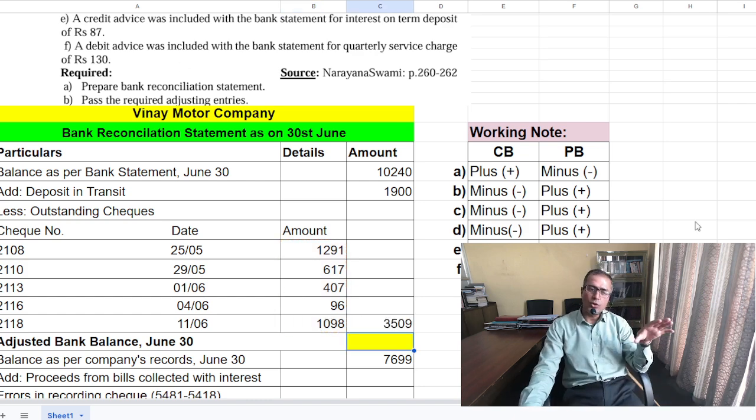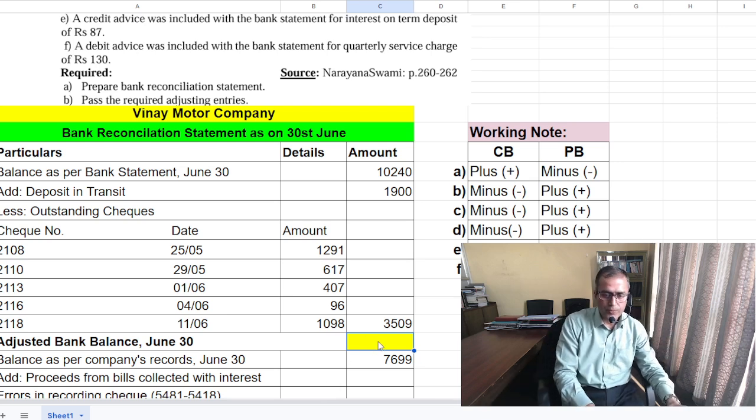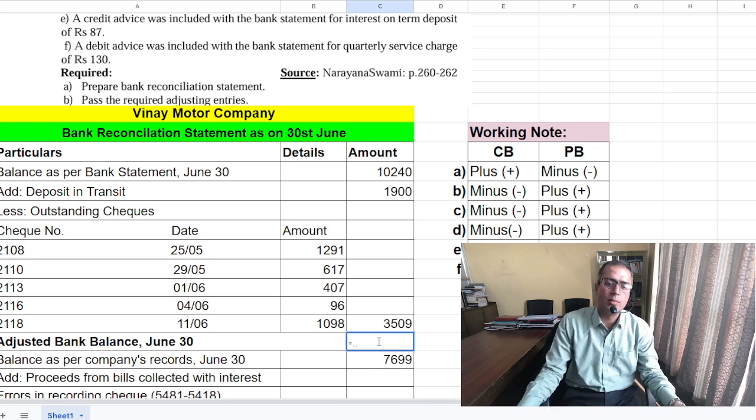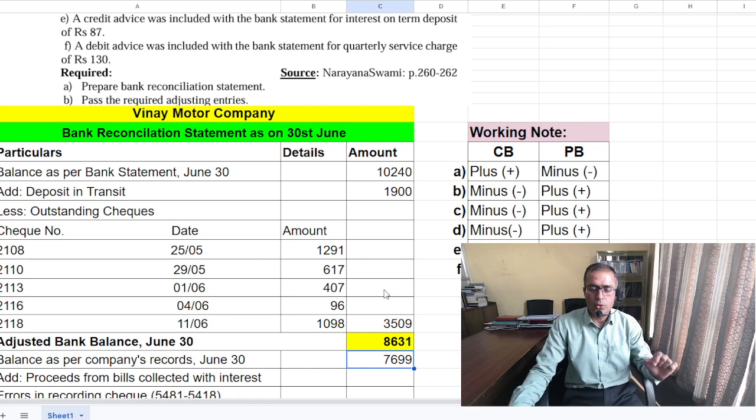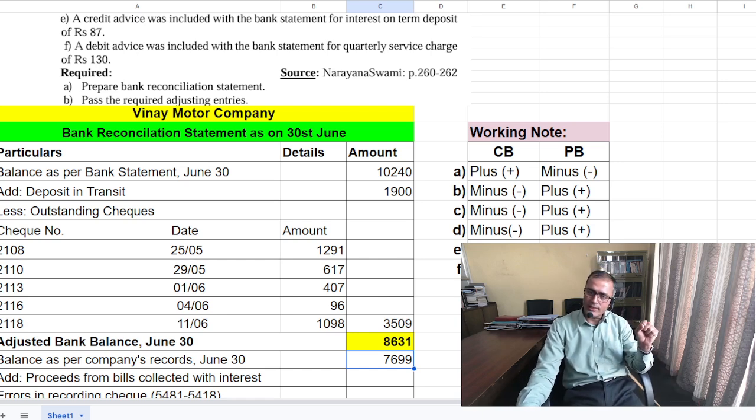Now, since we don't have any information about a bank error, I would like to know the adjusted bank balance here. This is the 10,240 plus deposit in transit minus the total value of the outstanding checks, so it is 8,631.